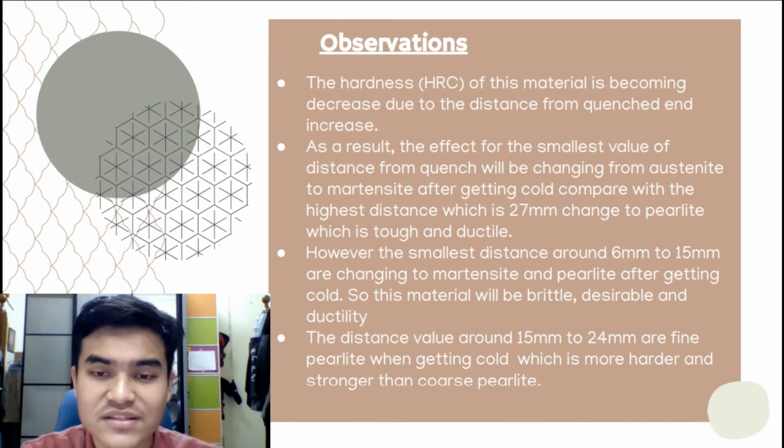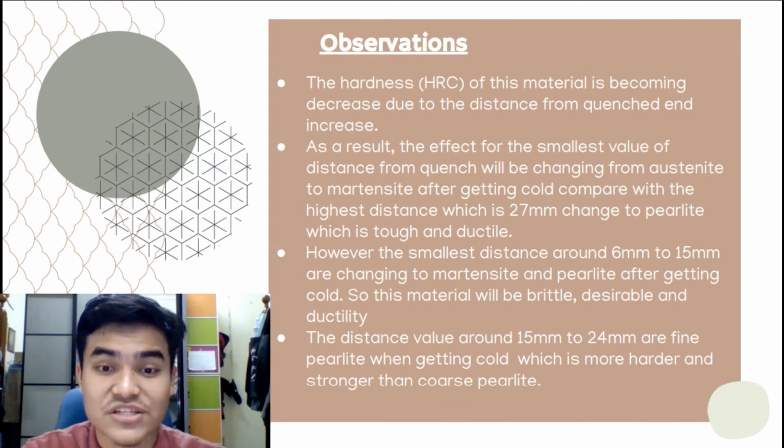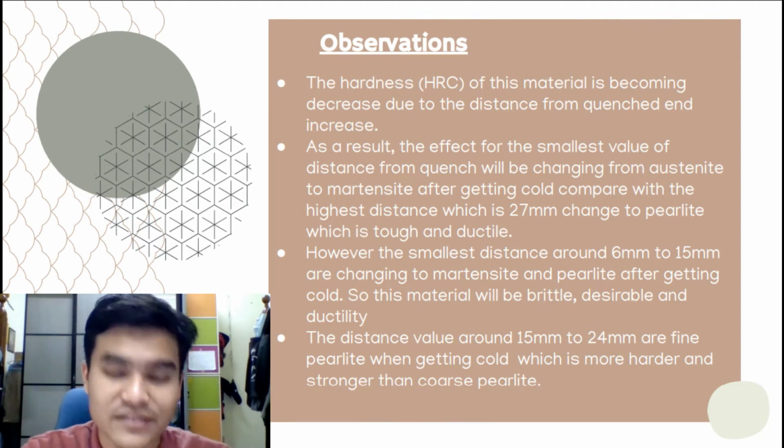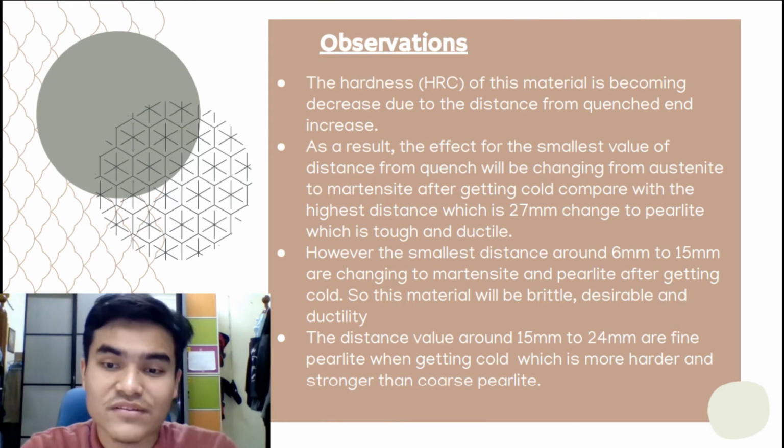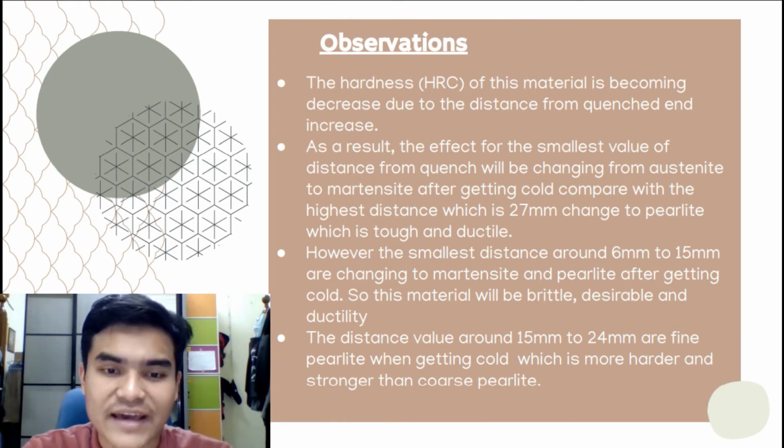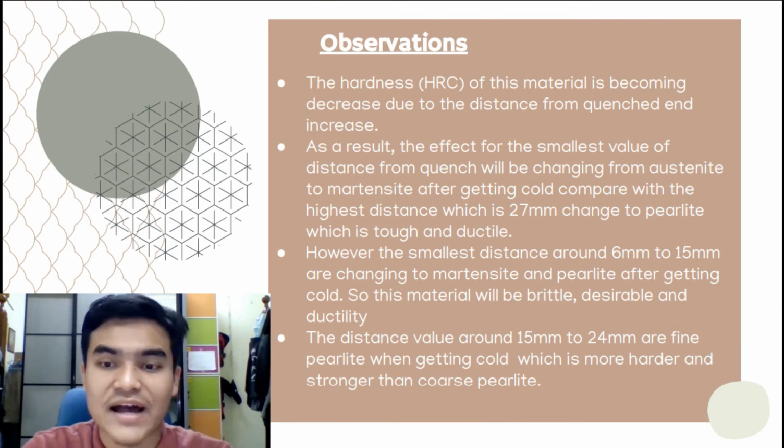However, the distance around 6 mm to 15 mm changes to martensite and pearlite after cooling. So this material will be brittle, with less desirable ductility. And the last one, the distance around 15 mm to 24 mm, is fine pearlite when cooling, which is harder and stronger than coarse pearlite.